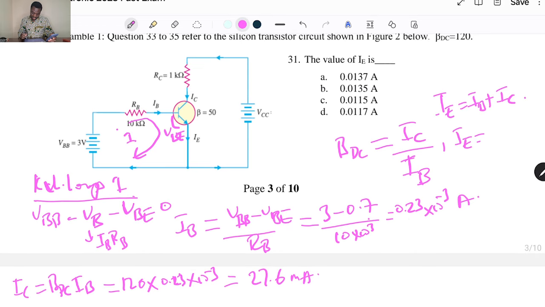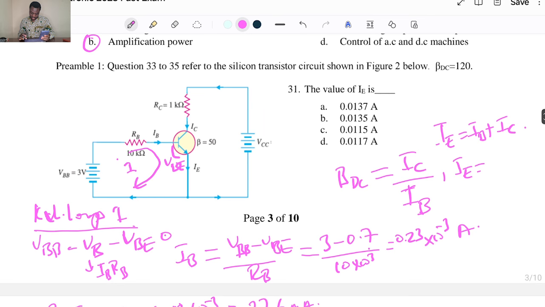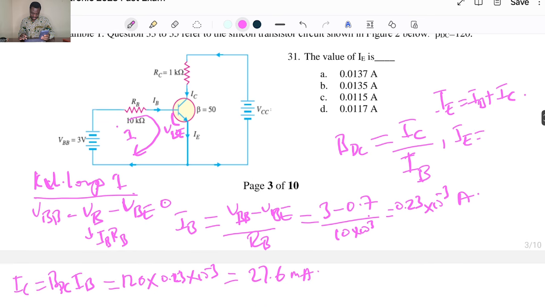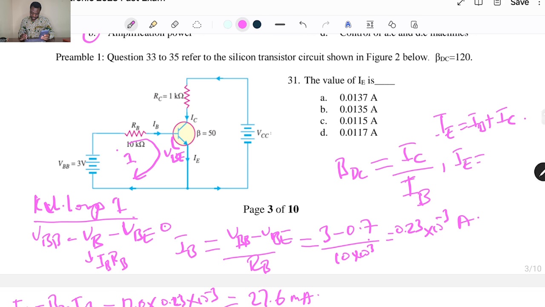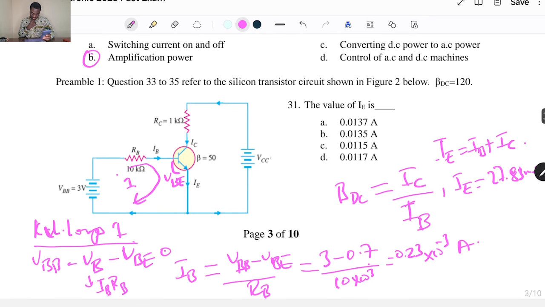IE will just be equal to the sum of this, so I add this plus 0.23, and then that is going to give us 27.83 milli. Okay, so we get something of this nature.